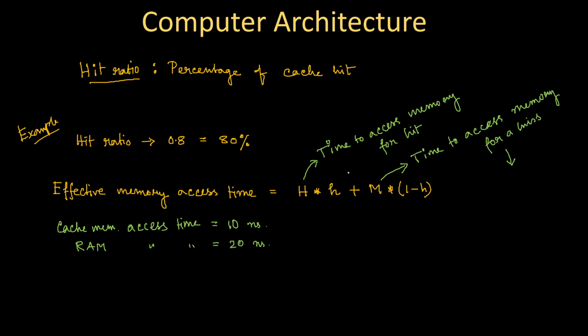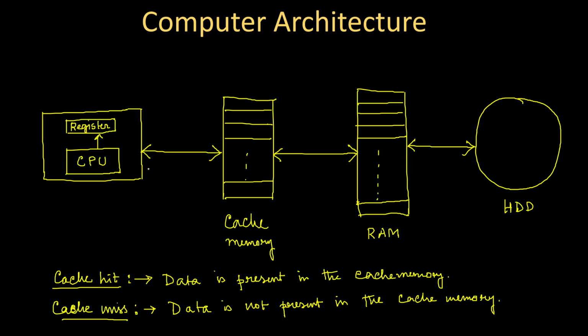So when there is a hit, that means data is present in the cache. It means that the CPU is actually able to find the data in this cache memory. That's why it has got the data. So the time to search the data in the cache memory at that point of time is 10 nanosecond, because cache memory access time is 10 nanosecond.